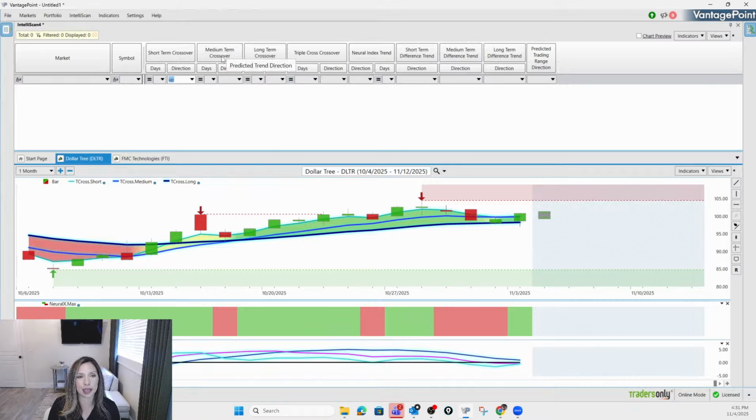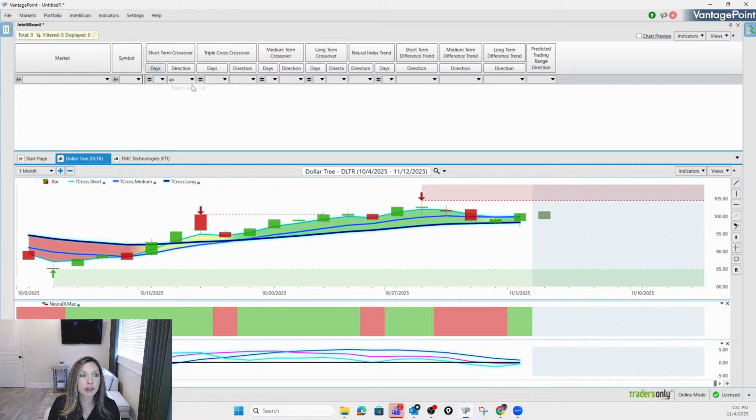Our focus is really going to be on the triple crossover. I almost said the long term, but I meant the T-cross long. But we're going to use that triple cross. I'm going to pull that down. You can just rearrange them kind of like you do the cells in Excel, right? If I have any Excel whizzes in here, this is very, very similar.